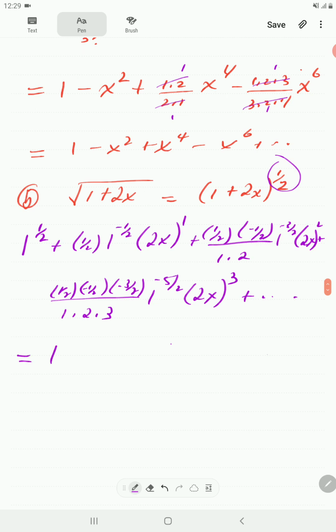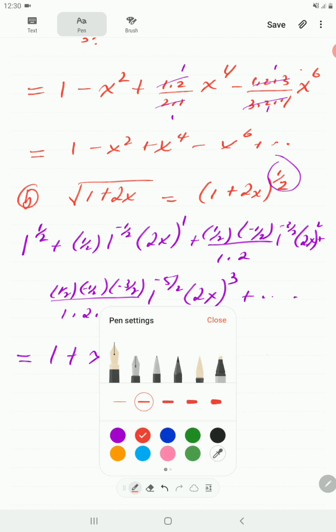Then we simplify. 1 to the power half is 1. And the second term, we're going to have half times 2x, which is just going to be x. The next term is going to be negative because of that negative half there.